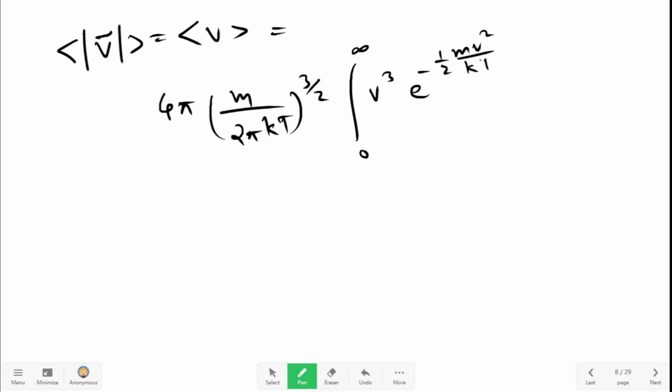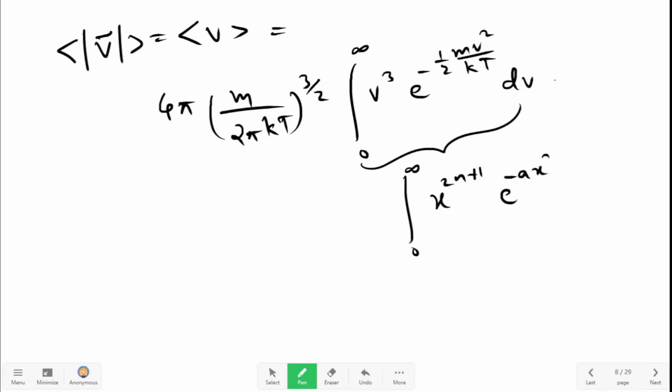dV. This is in the format: integral from 0 to infinity of x raised to 2n plus 1, e raised to minus a x squared dx, and it is equal to n factorial divided by 2 into a raised to n plus 1.